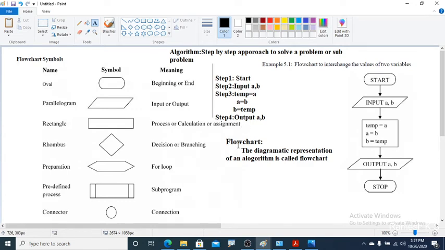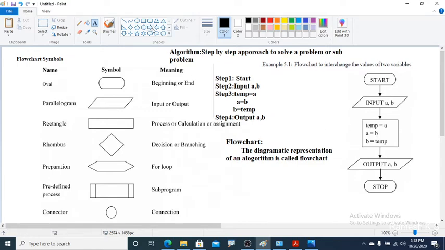So now our concentration is flowchart. What do you mean by flowchart? The diagrammatic representation of an algorithm. So this is an algorithm, and the diagrammatic representation of this algorithm is called a flowchart.